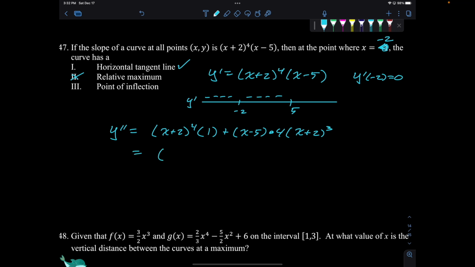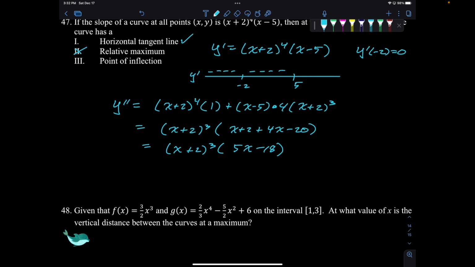I'm going to take out x plus 2 cubed, which leaves me with x plus 2 from the first thing, and then 4 times x minus 5, so 4x minus 20, which means this is x plus 2 cubed, 5x minus 18.